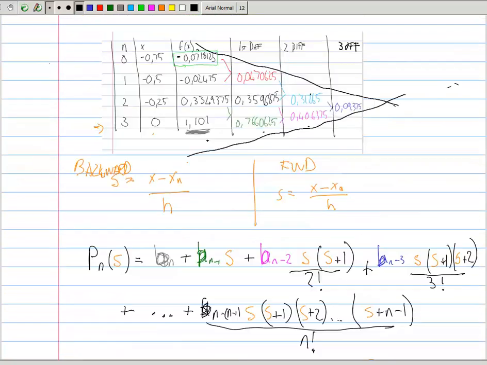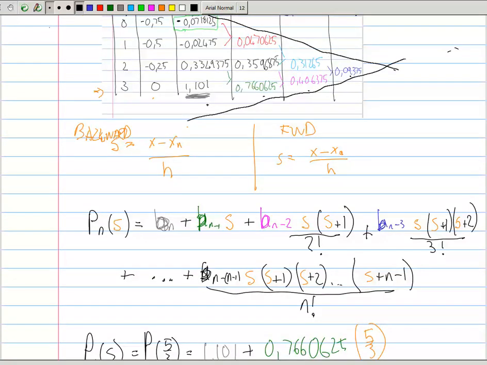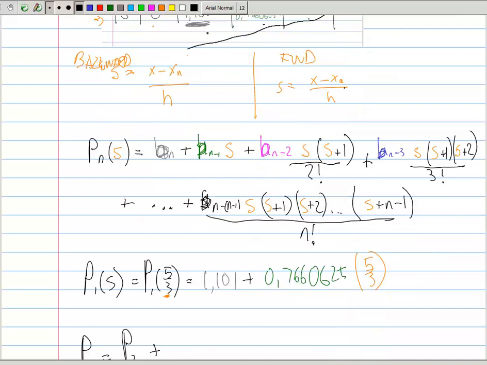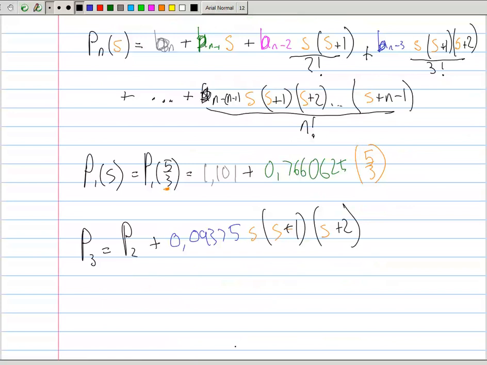So we will have our 0.09375 multiplied by s, multiplied by s plus 1 and s plus 2. And that would be our P3.